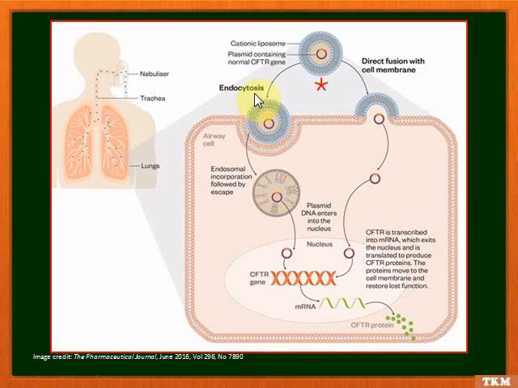Through endocytosis, it reaches inside the cell, followed by escape, and the plasmid DNA enters inside the nucleus, where the normal functioning CFTR gene produces the protein, and that protein then is released from the cell. And by the direct fusion method, it directly fuses inside the cell, where the CFTR is transcribed into mRNA, which exits the nucleus and is translated to produce CFTR protein. The protein moves to the cell membrane and restores the lost function.